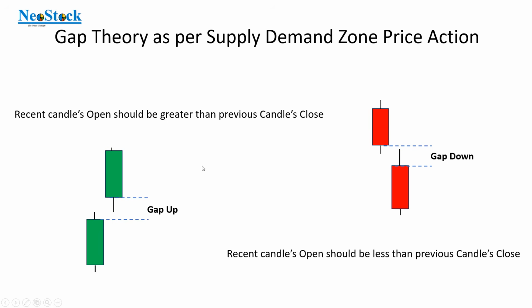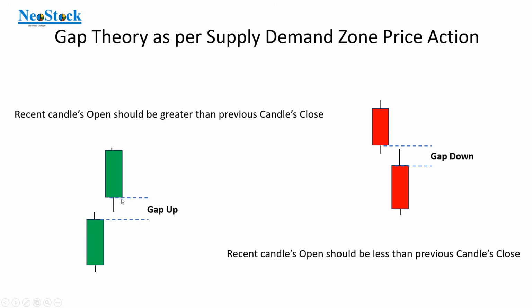One very important point in this gap up scenario: please look into the recent candle. If the recent candle's lower wick does not fill this gap, then this is a valid gap. For example, if this lower wick fills this gap, we should not consider it a valid gap.